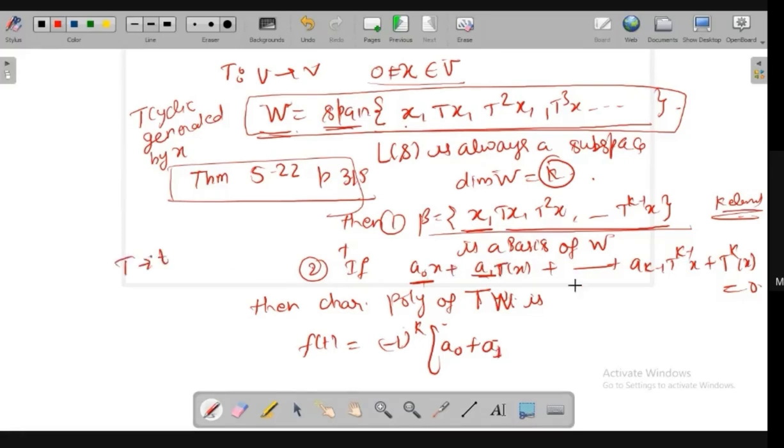That will be the characteristic polynomial.